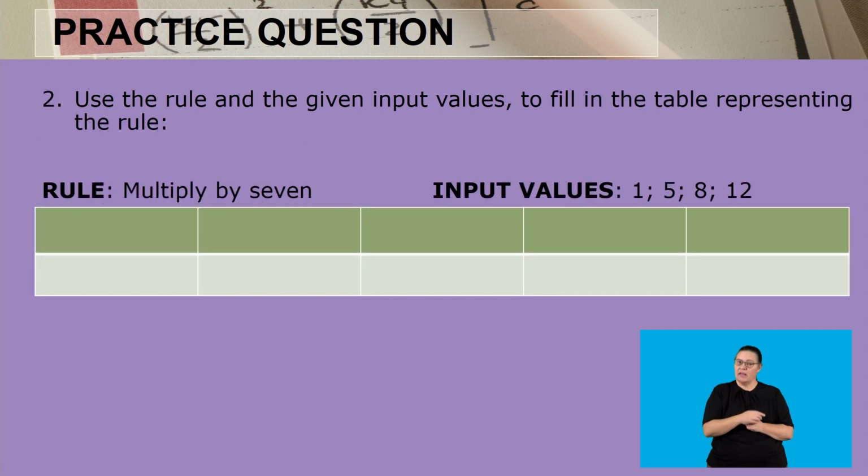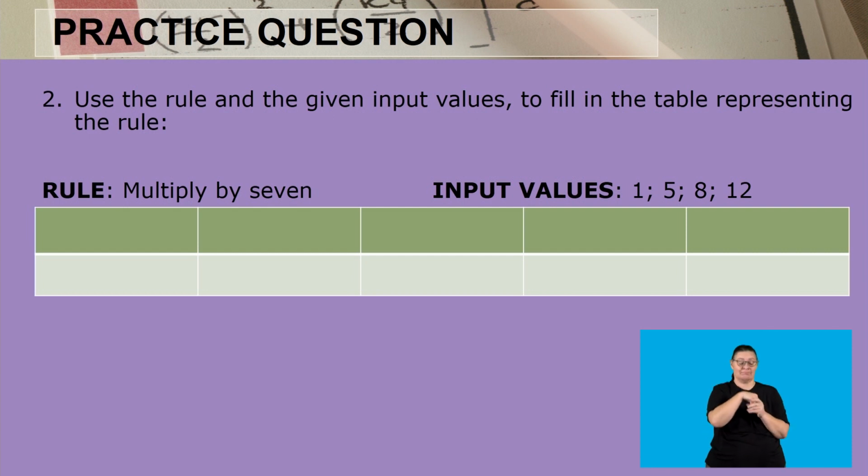So this next question says, use the rule and the given input values to fill in the table representing the rule. So what rule have we been given here? We have been given a rule that says multiply by 7, and we have been given the input values as well. So in the table, we are supposed to fill out the input values, as well as the output values by using our rule.